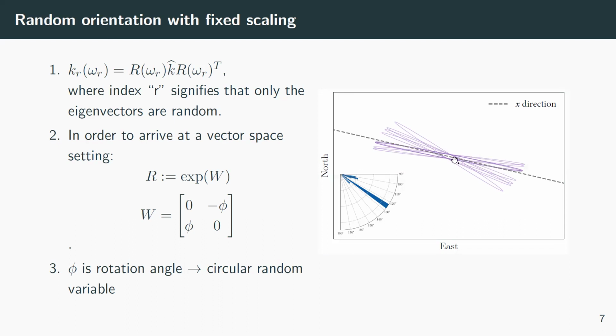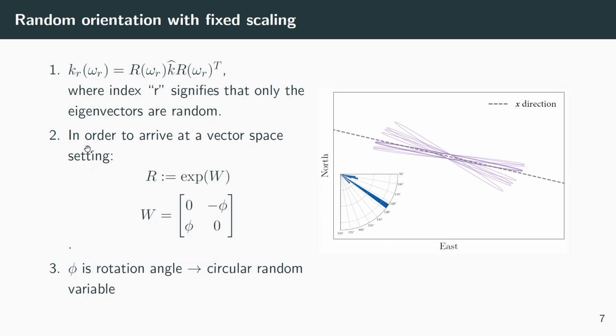As you can see here, we have a fixed size for the ellipses, but we have rotation for the ellipses. So here we have a rotation matrix, and the eigenvalues would be fixed. And remember here, R shows randomness in rotation.